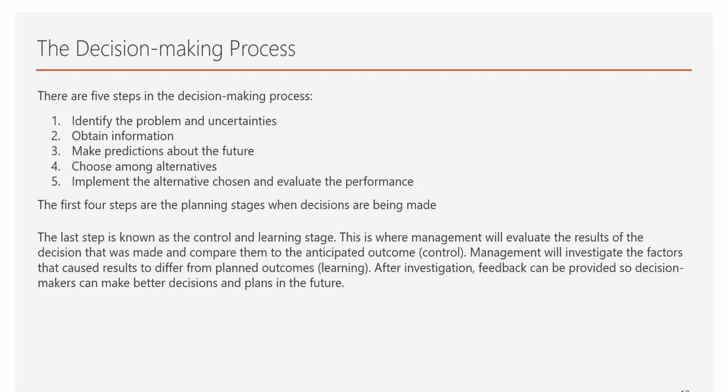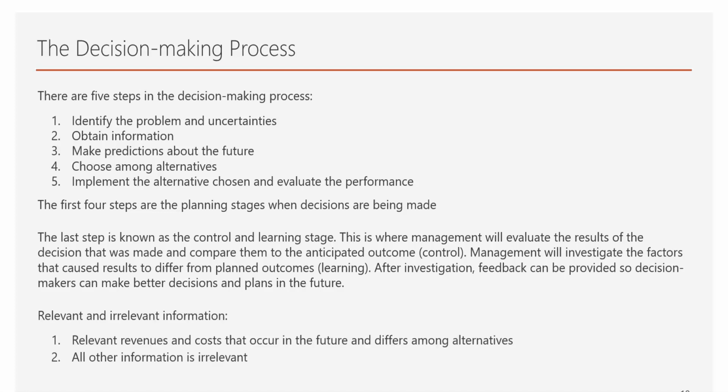So, one last thing in the decision-making process I want to touch on is a focus on relevant and irrelevant information. Relevant information in our decision-making process is relevant revenues and relevant costs that occur in the future and that differ among alternatives.